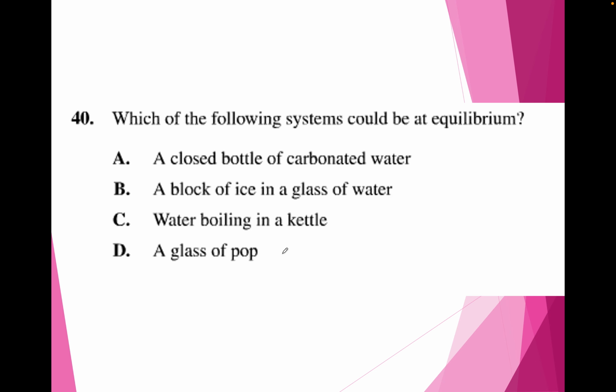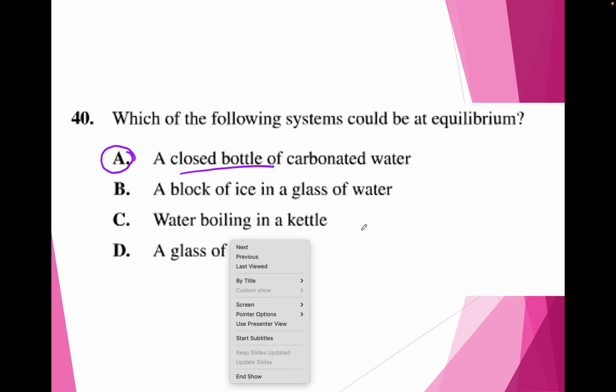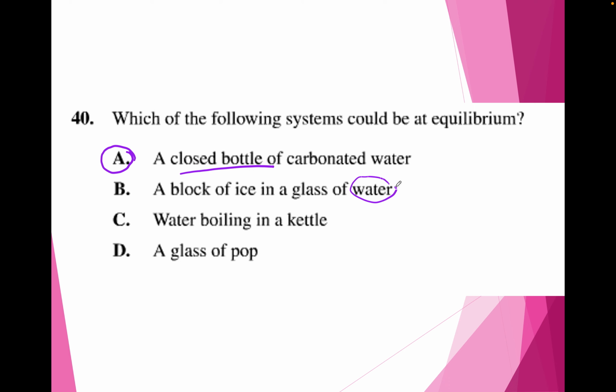Now, in this old diploma question, which of the following systems could be in equilibrium? Hopefully right away we recognize that the answer is A, because we have a closed bottle of carbonated water. That means we have a closed system. Ruling out the other ones, B, a block of ice in a glass of water, can melt, and we can also lose that water to the air as a gas.